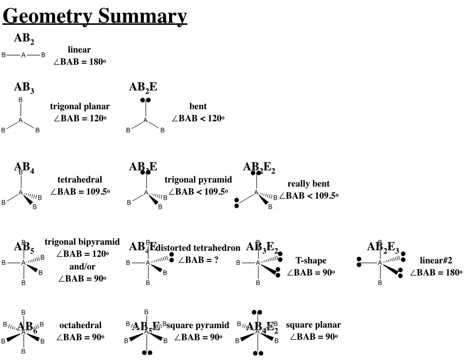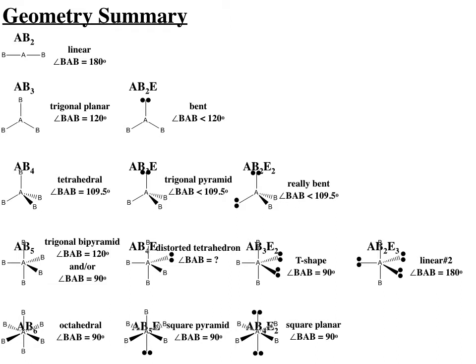So we would begin on the far left with five basic shapes: linear, trigonal planar, tetrahedral, trigonal bipyramid, and octahedral. Each of these five basic shapes has no non-bonding pairs on the central atom, only bond pairs, as indicated by AB2, AB3, AB4, AB5, AB6. There's no E in the representation.